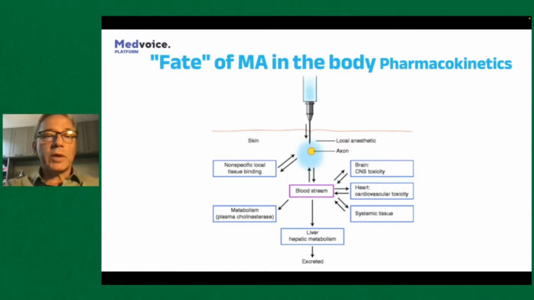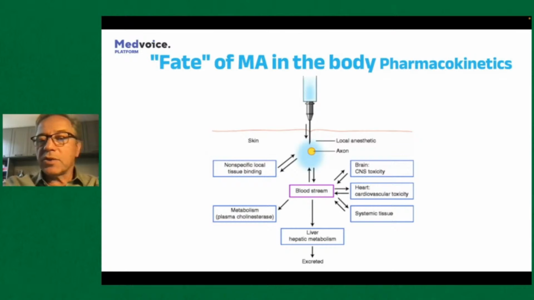Okay, let's talk about what happens to local anesthetic when we inject it into the body, around the axon of the nerve, for example. There will be non-specific local tissue binding. Then the local anesthetic will be absorbed into the bloodstream, and from the bloodstream, depending on the metabolism, they will either be metabolized by plasma cholinesterases, or they will go by portal circulation into the liver, and the liver will metabolize them using the normal P450 cytochromes, and then they will be excreted by the kidneys.